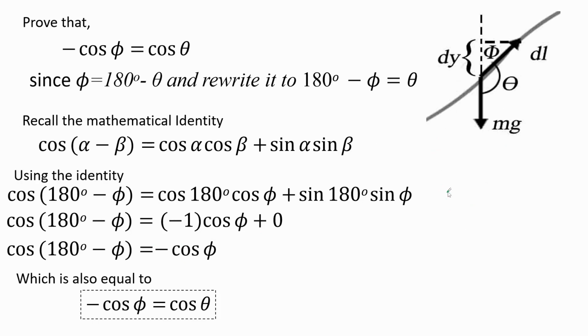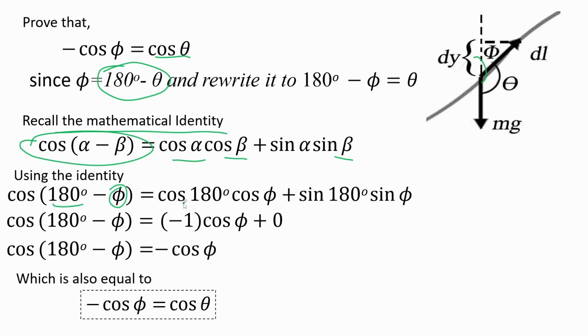We have to prove that negative cosine phi is equal to cosine theta. Since phi is equal to 180 degrees minus theta, we can rewrite it as 180 degrees minus phi is equal to theta. We recall the mathematical identity: cosine of alpha minus beta is equal to cosine alpha cosine beta plus sine alpha sine beta. Using this identity, we replace alpha with 180 degrees and beta with phi.